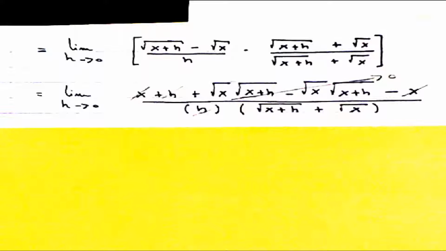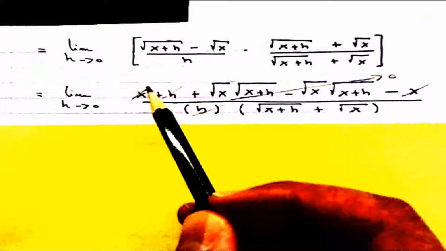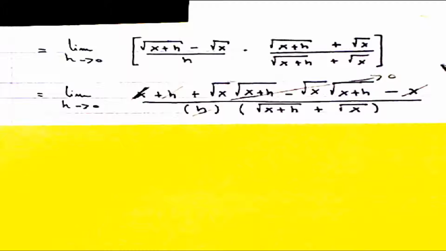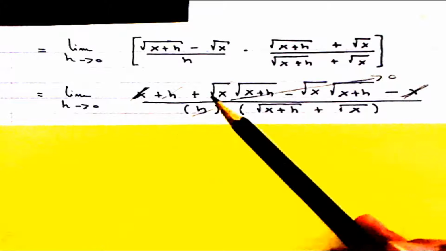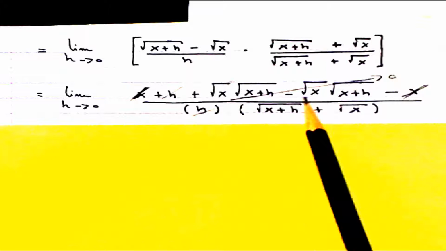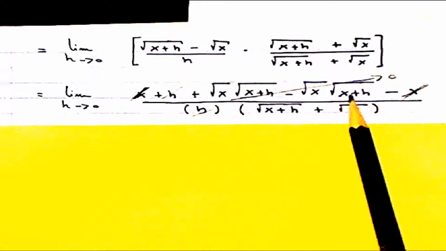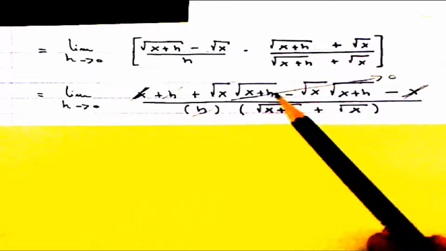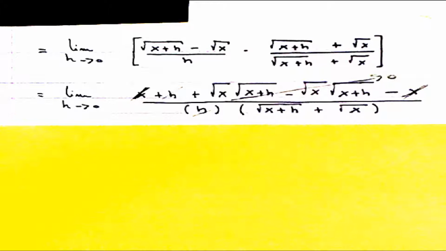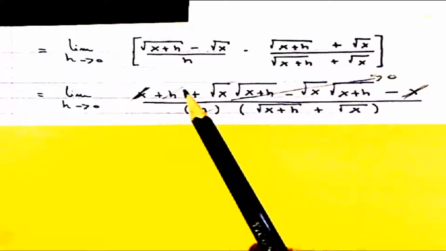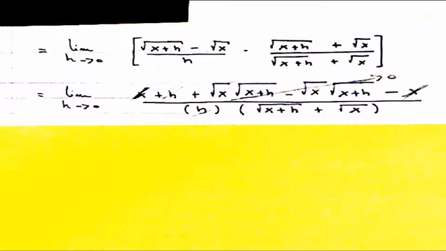So x, and this x goes away. Yes? You realize that also all these terms, the square root of x times the square root of x plus h minus the same thing, becomes 0. So I put an arrow, goes to 0. Then you have h, and then h goes away too. So technically you're left with a 1 at the top.